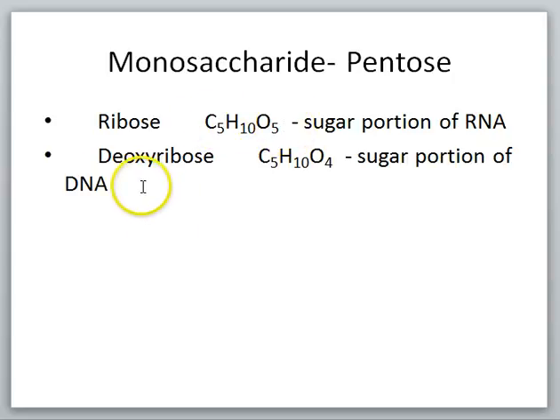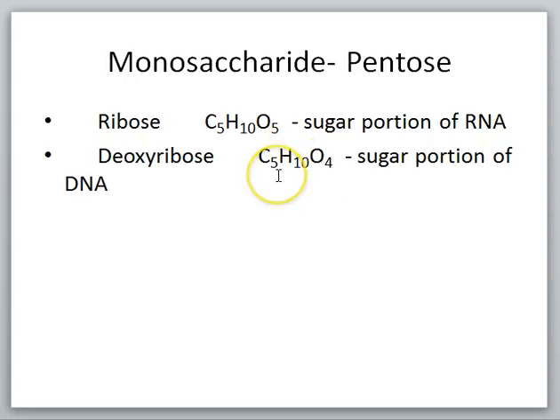Then, with DNA, we have deoxyribose. Okay, deoxy. In other words, it is ribose sugar, but we've lost an oxygen. So C5H10O4. A little bit of a variation from our rules we had a while ago about 2 to 1 ratio in hydrogen to oxygen, but still it's kind of an exception.